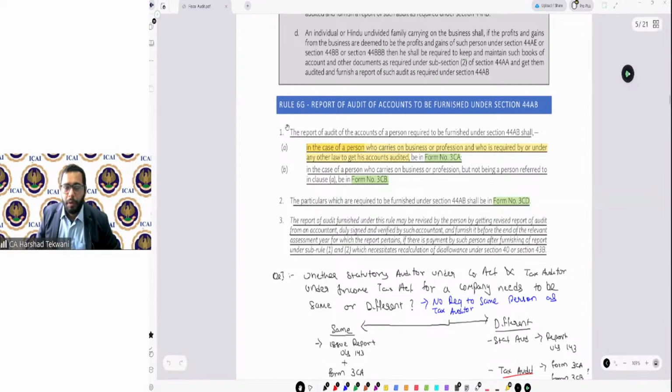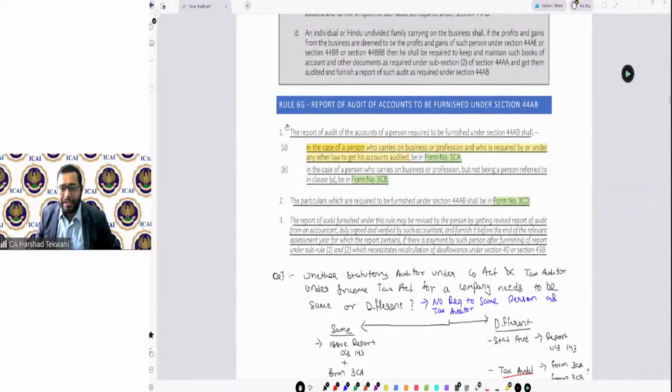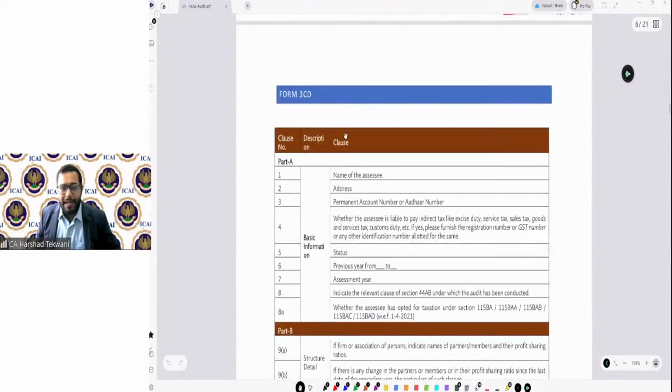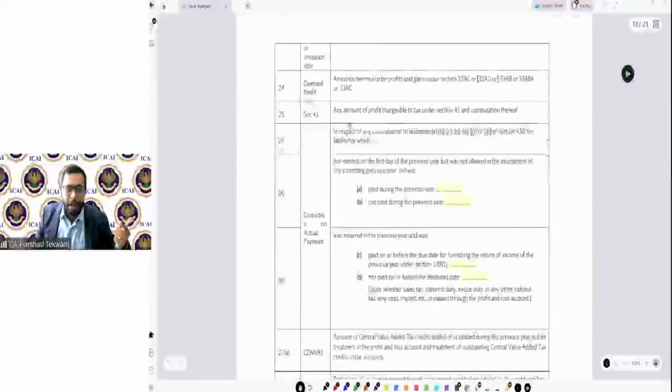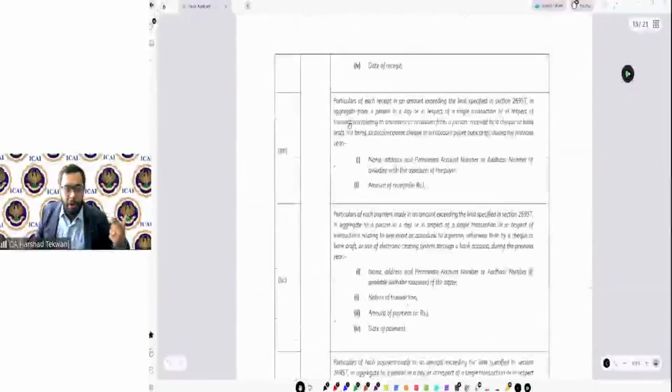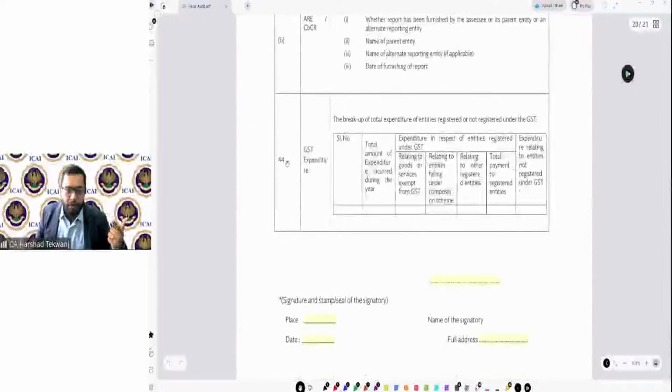Okay, let's start form 3CD. We saw in the last lecture that the tax auditor is required to submit particulars under section 44AB in form 3CD. Now, what is form 3CD? Form 3CD is basically divided in two parts, Part A and Part B. In total, on a clause level, you have 44 clauses in form 3CD to report.